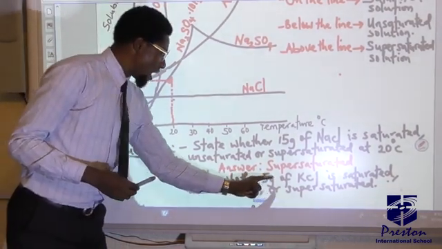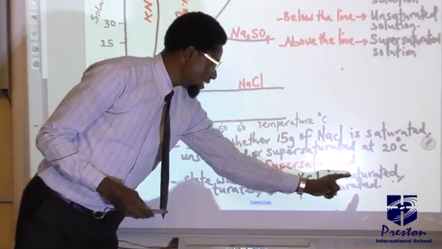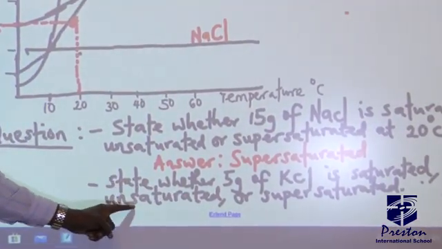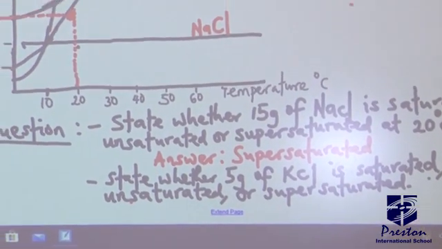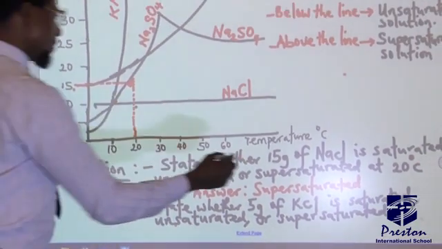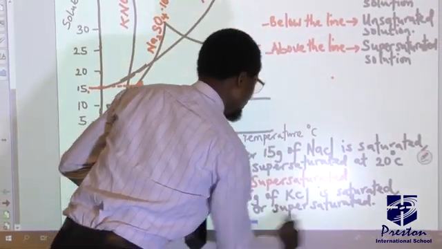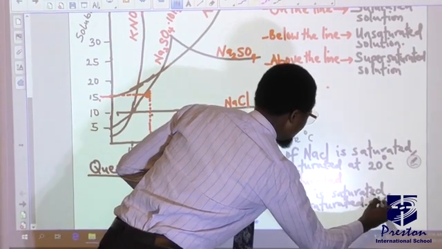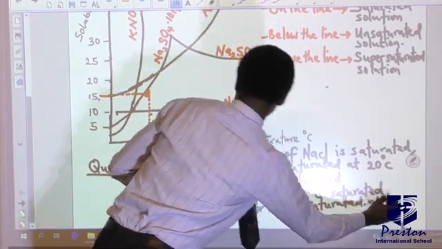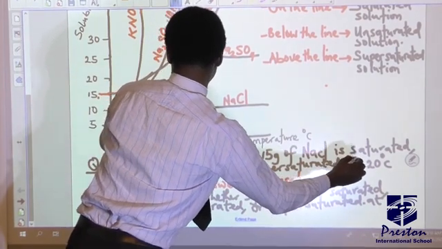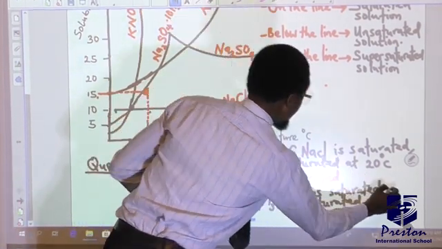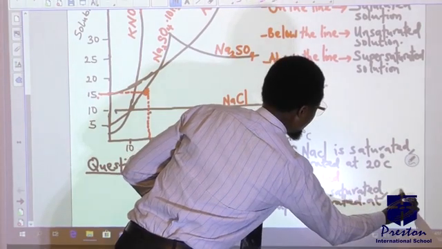State whether 5 grams of potassium chloride is saturated, unsaturated, or supersaturated in nature at 30 degrees Celsius.